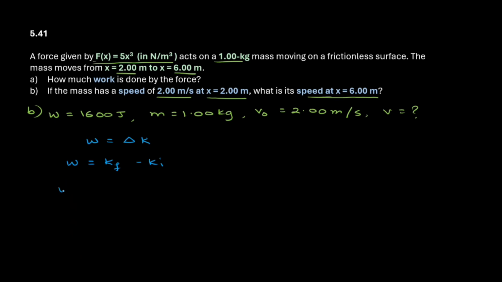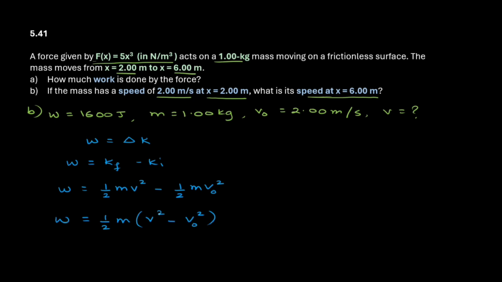So I will write work done to be equal to half m v final squared minus half m v initial squared. Now half m is common in both the terms on the right hand side. We can take it outside and put the rest of the term inside the bracket, v final squared minus v initial squared, that is equal to W.